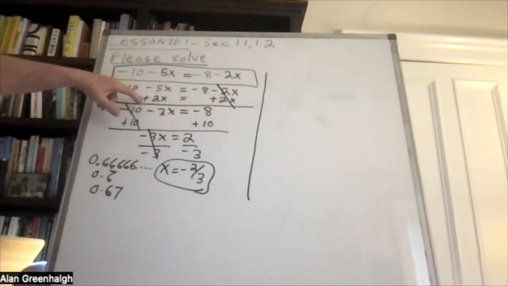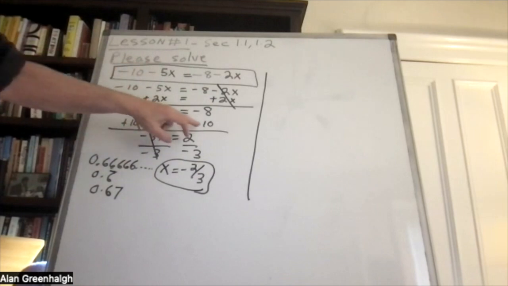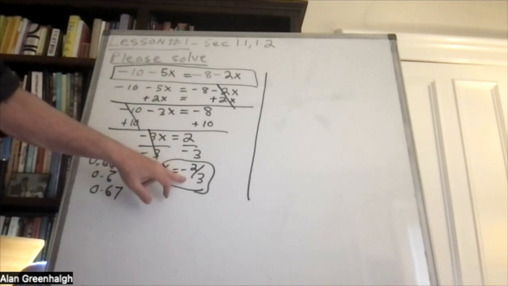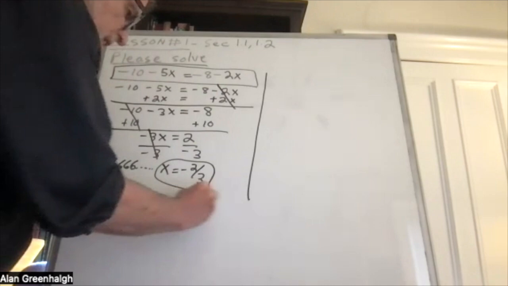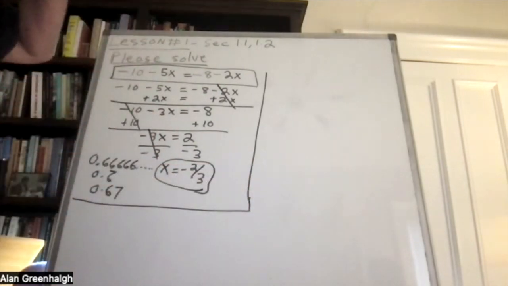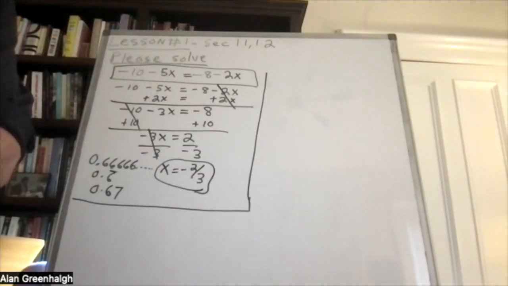Let's see, we brought over the 2, we got -3, we brought over the 10, we got +2, we divided, and that's it. That's the way I check problems. I hate checking a problem by substituting it back, because it'll become twice as hard as it was to begin with. Are there any questions?